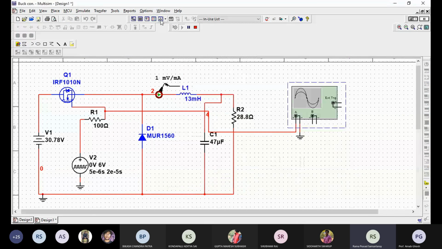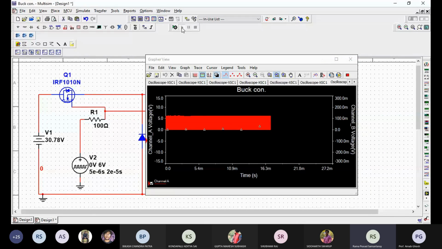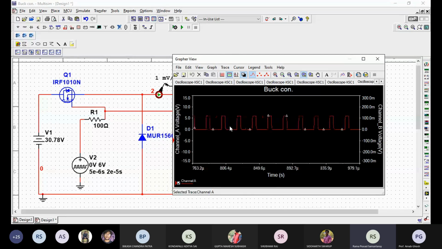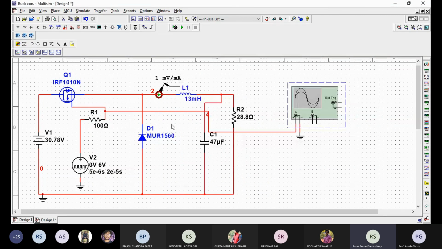In graph 4 you can see the waveforms. A little bit from here you have to take.